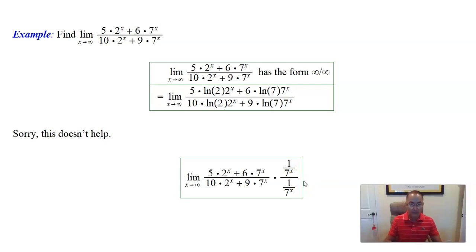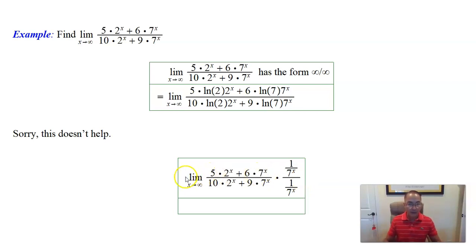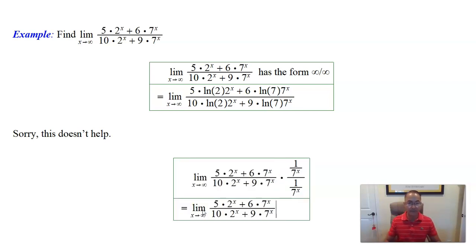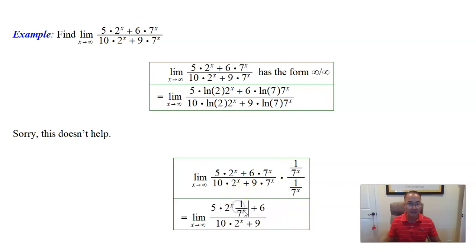Okay, so 7 to the x will completely disappear in the second terms. That's gone, and that's gone, but you will get 2 to the x over 7 to the x in the numerator and the denominator.